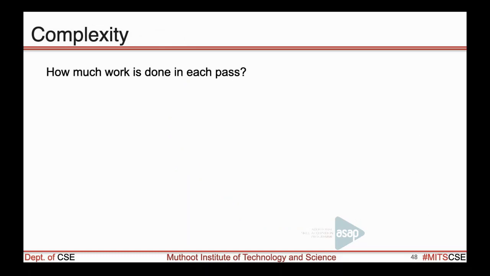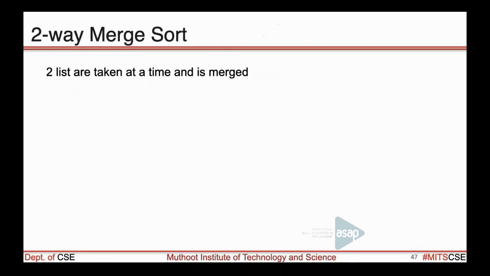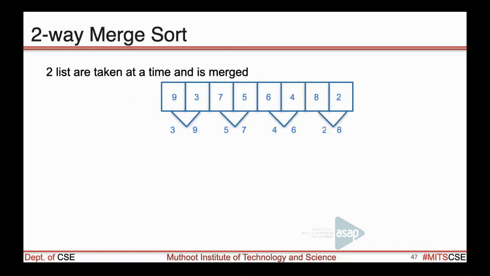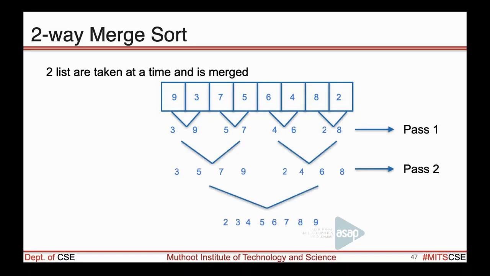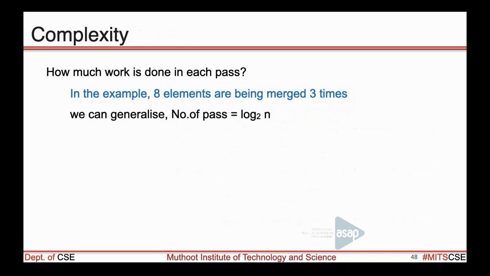After knowing how a 2-way merge sort works, we need to check what the complexity of the algorithm is. So how much work is actually done in each pass? In the example we had 8 elements and they were merged in 3 passes. So we can generalize that the number of passes is equal to log n to the base 2.